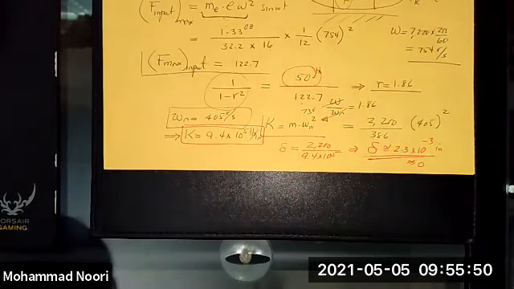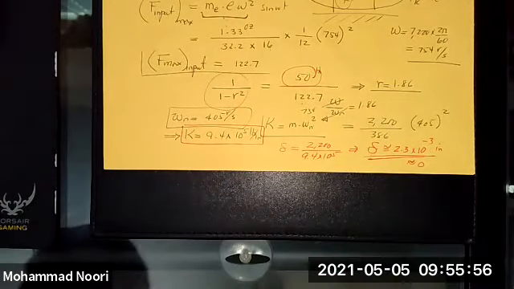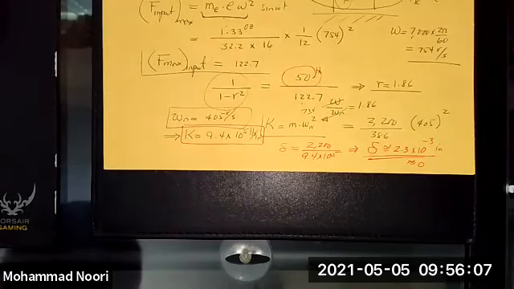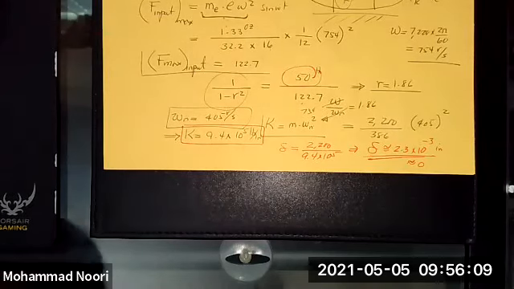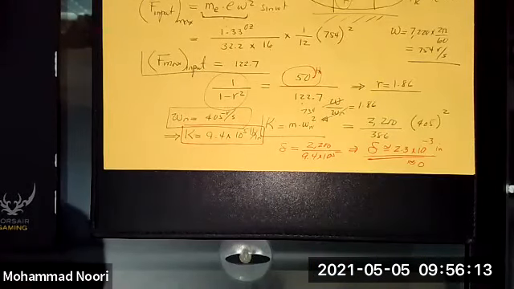So that's g, which is 32.2 feet per second squared. I also need to divide it by 12 to convert to inches. So that's a conversion factor to convert pound force to pound mass.